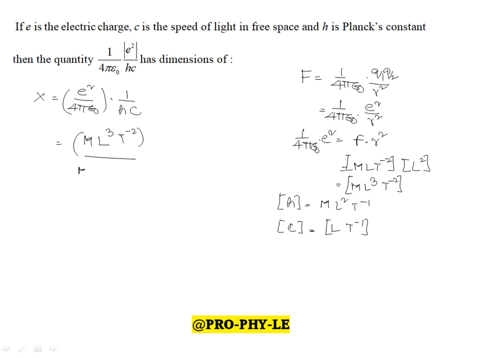What is h? M L square T power of minus 1 into L T power of minus 1. So T power of minus 1, T power of minus 1, T power of minus 2 gets cancelled. L square, L cube gets cancelled. M gets cancelled. So this will be M power of 0, L power of 0, T power of 0, which is a dimensionless quantity.